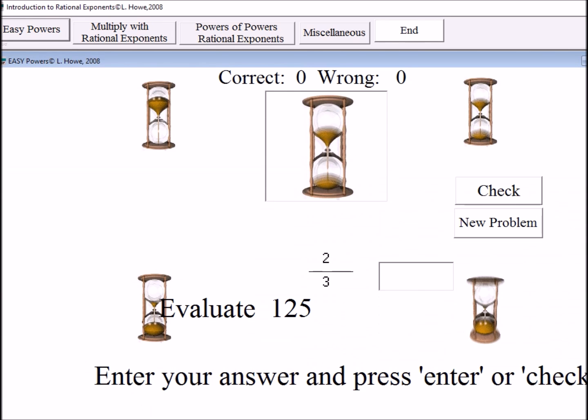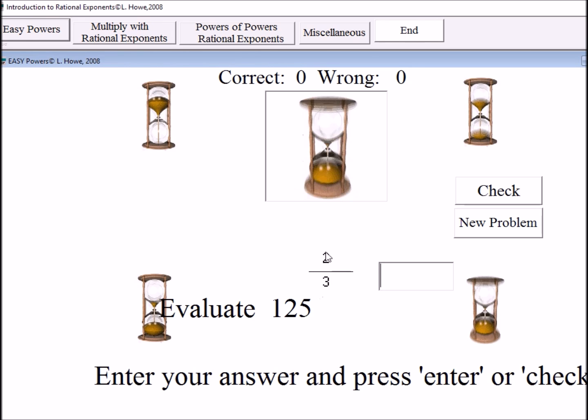I messed it up by moving these windows around. 125 to the 2/3 power. Now this fractional exponent, I haven't explained, but I want you to know that with the fractional exponent, the numerator is actually being raised to the power, and the denominator is a root. So the first thing you'd want to do is to make the number smaller.